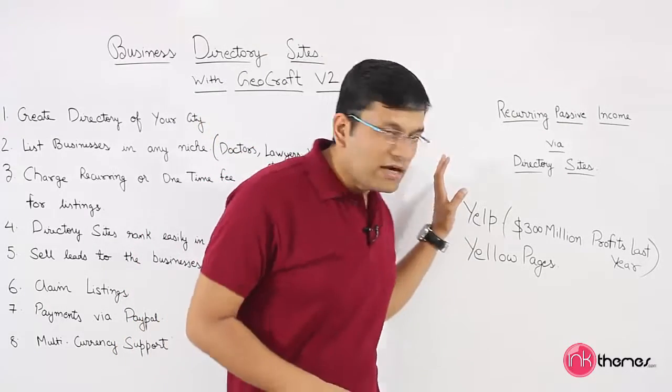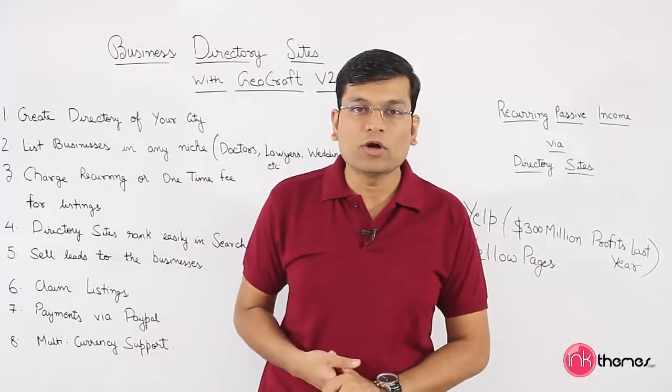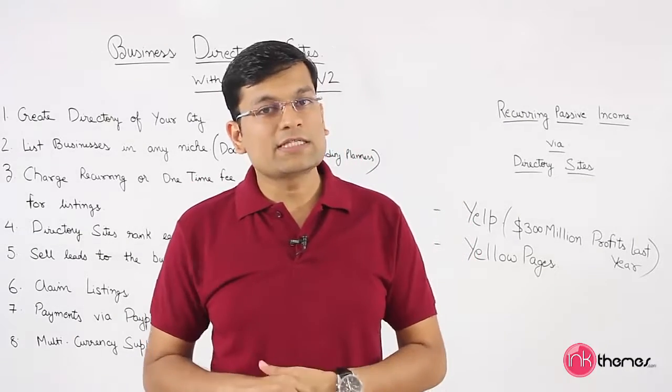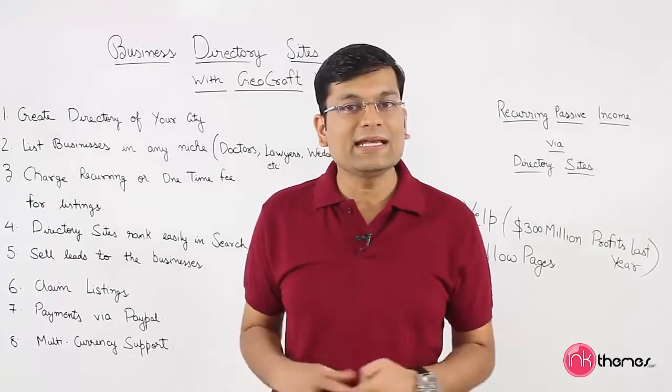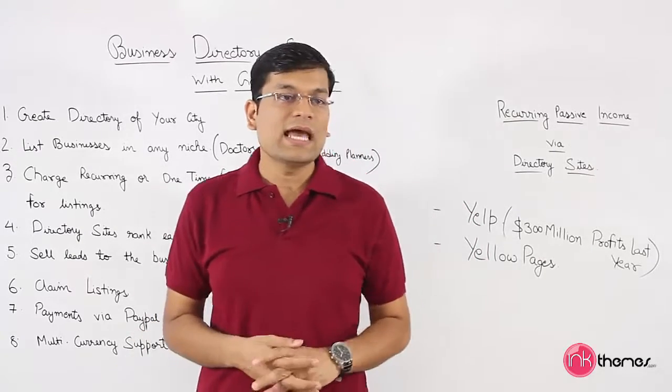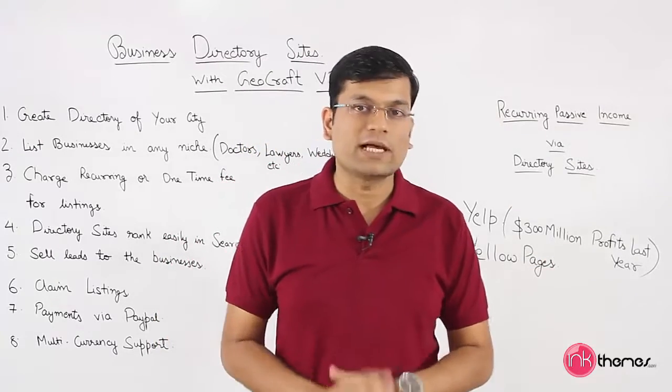You might have heard about Yelp and Yellow Pages already. Yelp is a $300 million company. It really made this in just the last year alone. It started small by just aggregating restaurants in different cities, and last year they made $300 million alone.